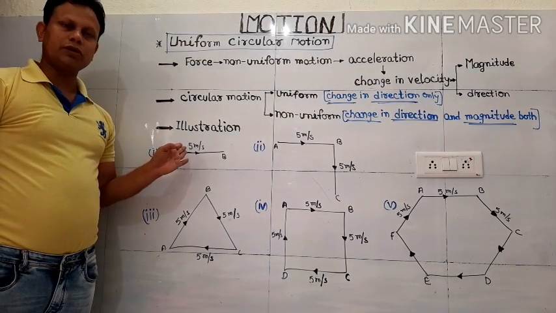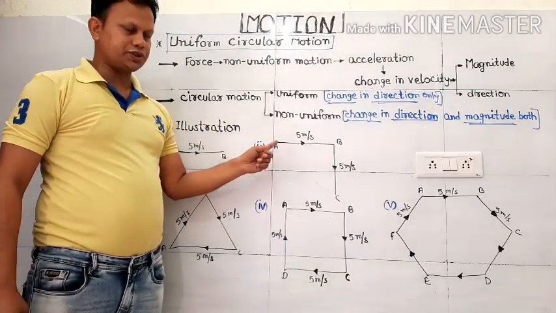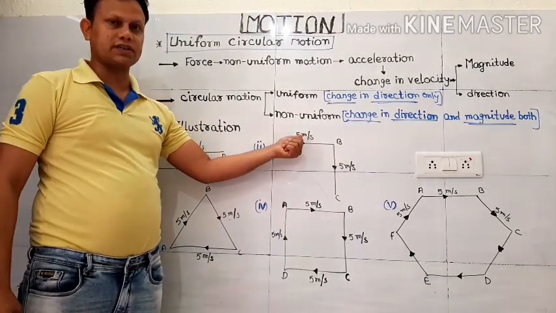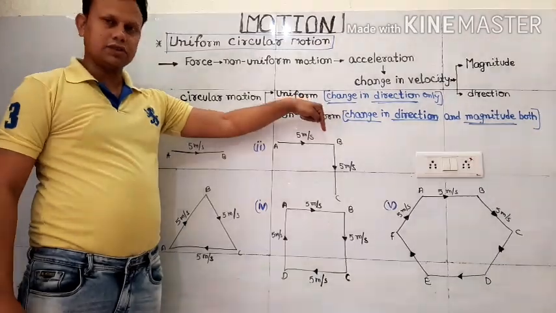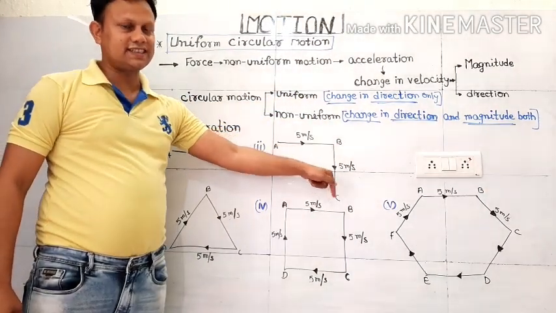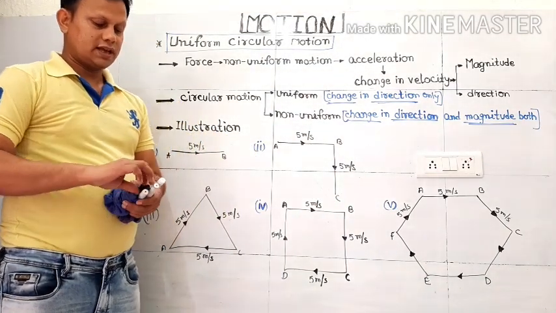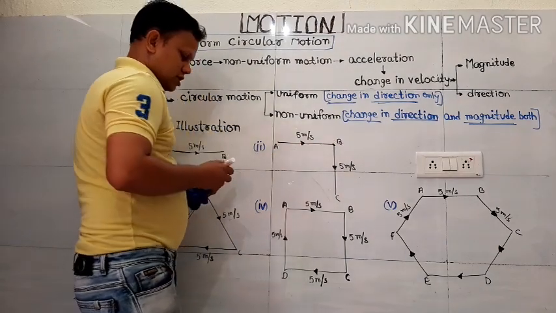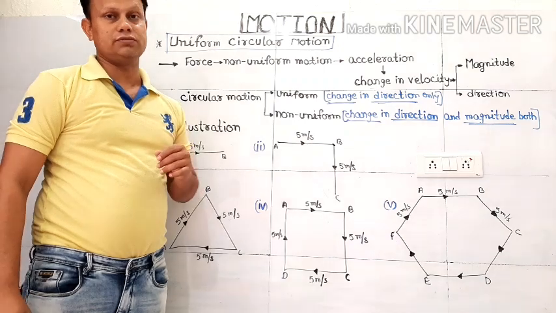So coming to the next situation here. Here I have taken a situation when an object is moving from A to B with a speed of 5 meters per second, directed from A to B, and then it takes a turn towards C with the same speed. Now at this junction at B point, you can observe that there is a change in direction observed.